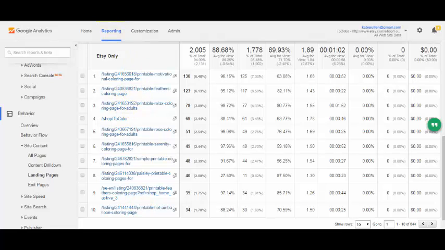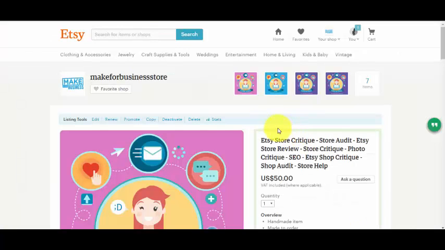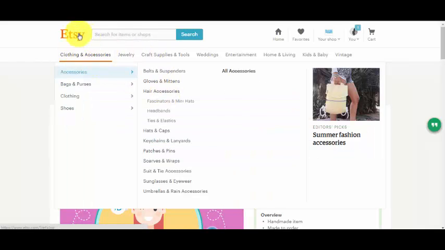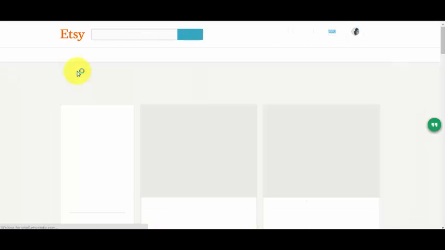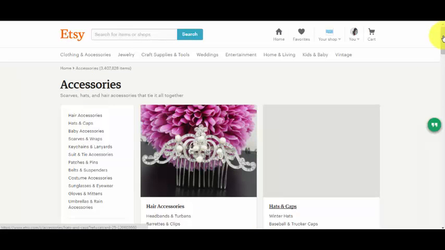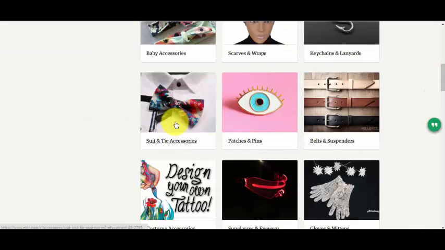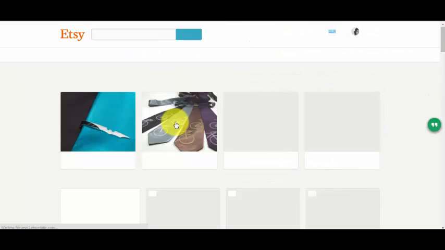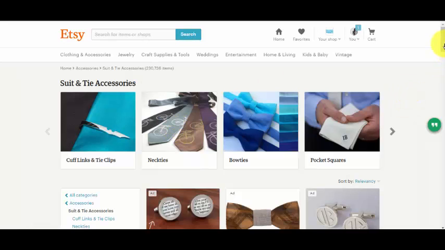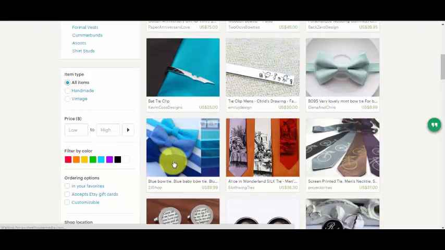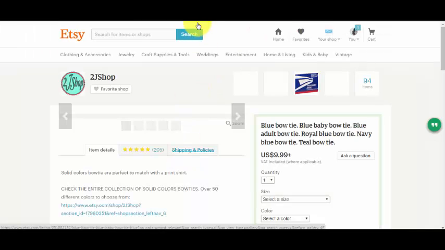And if you remember, let's have a quick look in Etsy. Let's just go anywhere. Suit, tie and accessories, and let's just pick this blue. I'm just randomly picking, obviously.